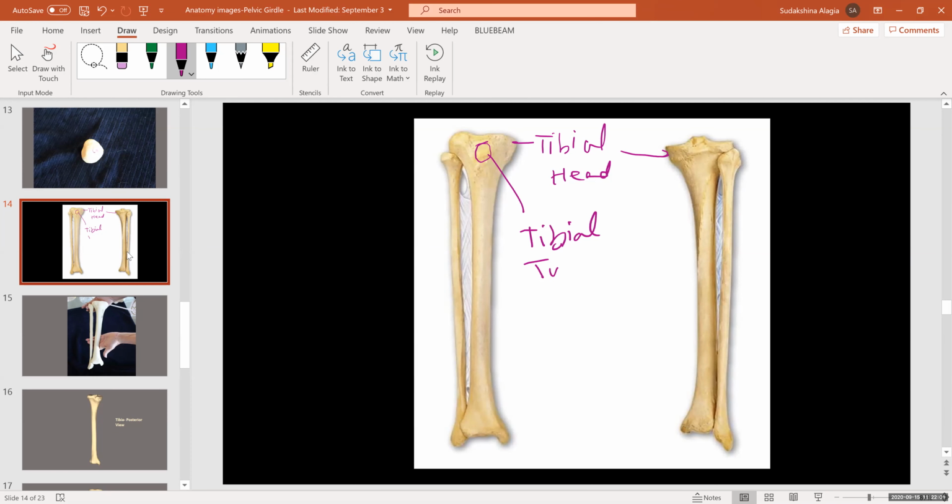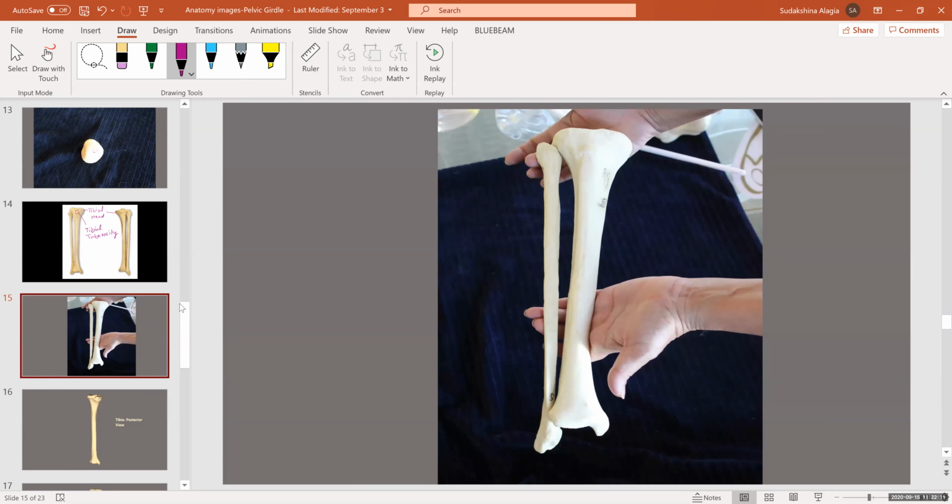Tibial tuberosity. Okay. If you look at the plasticky bone, the tuberosity is a little more clear. Tibial tuberosity.